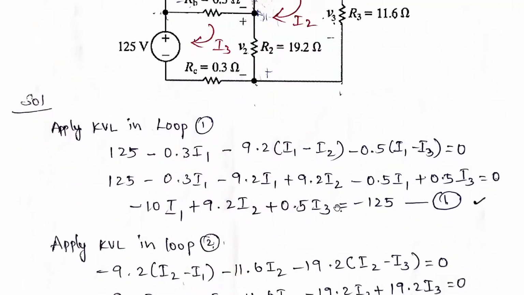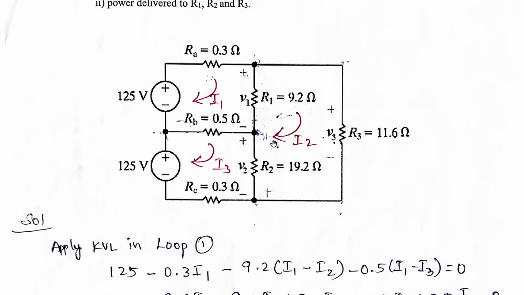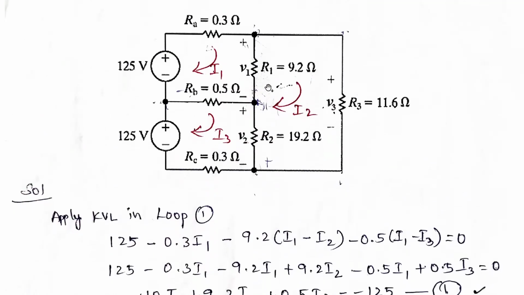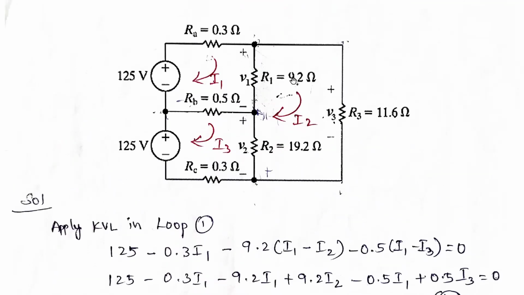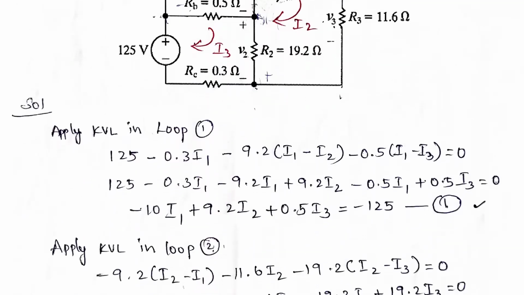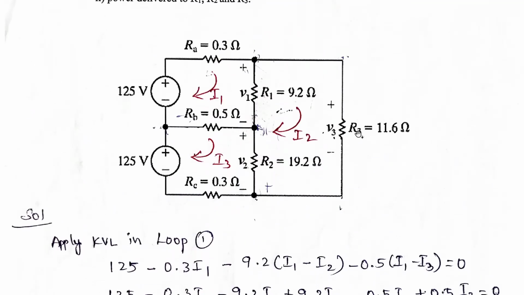Next is applying the KVL in loop 2. This is the loop 2. Here you see three resistances are there. All are drops only, because the current is going like this, all are drops. So I am taking this as minus 9.2 into I2 minus I1. Again minus, again drop, minus 11.6 into I2.